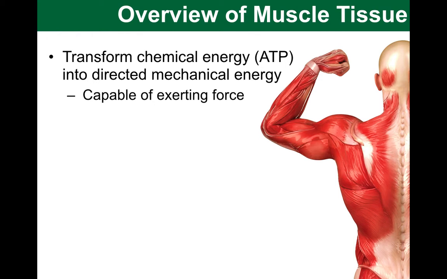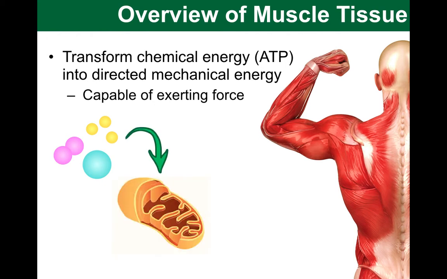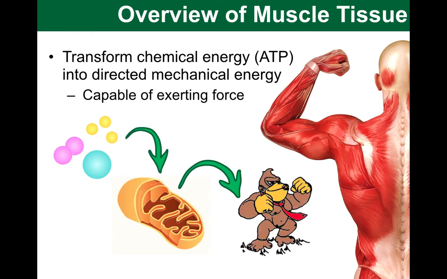So, if you think back on your BIO201 or BIO256 class, this is where it all comes together. The body uses nutrients to build up chemical energy, which we know as ATP. And this happens typically in the mitochondria. And now muscles can use this ATP, turning it into actual mechanical energy, which we see as movement.